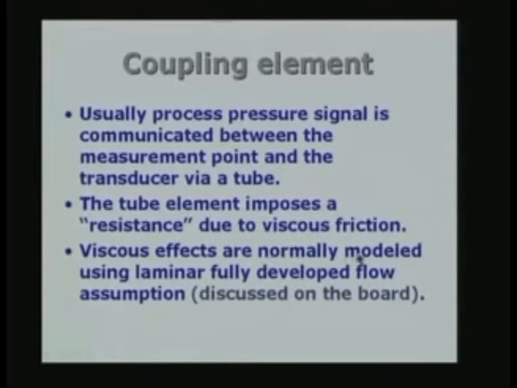So, these are normally modeled using a laminar fully developed flow assumption, which is justified by noting that the fluid motion within the tube is at relatively slow velocity. Most applications are going to be at very slow velocity, and if you were to calculate the Reynolds number based on the mean velocity of the fluid inside the tube, it will be in the laminar regime. So, that is the assumption we are going to make.